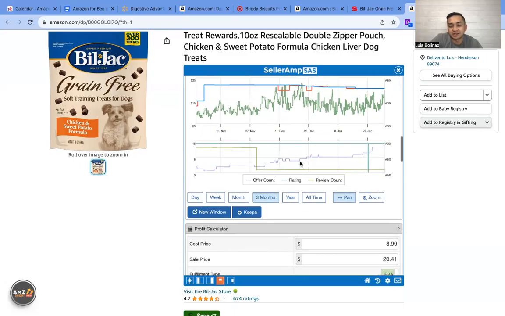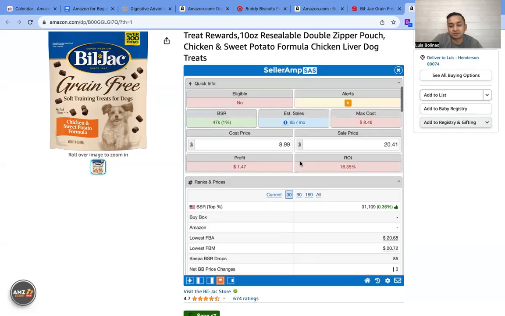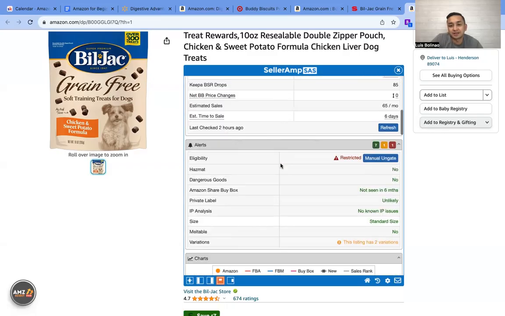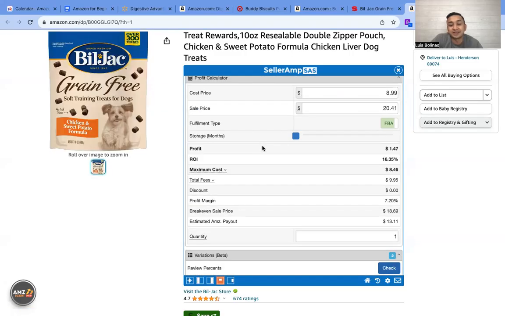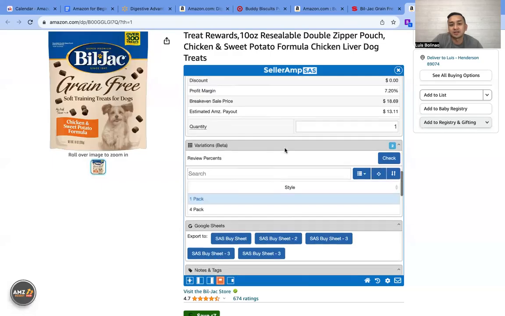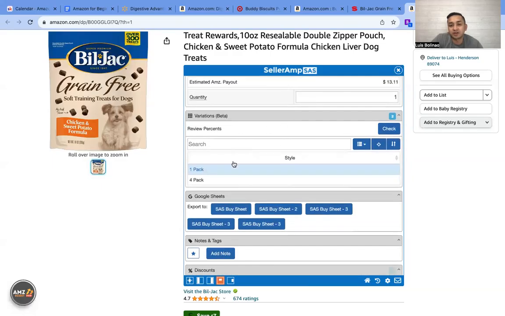There's actually another step I can show you guys. This one is a variation, meaning this is kind of advanced, but I'll show you. We need to find the exact sales of this exact variation of the product. So I would go here, under variations, click on one pack, and then check.